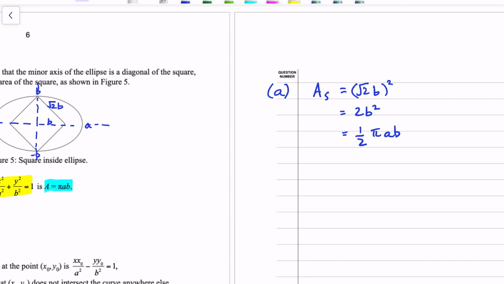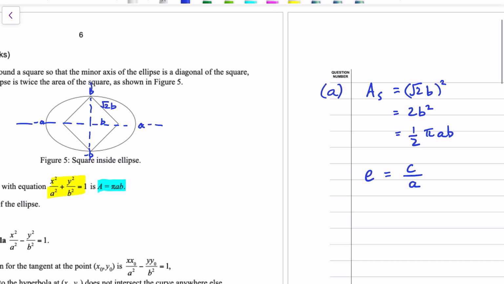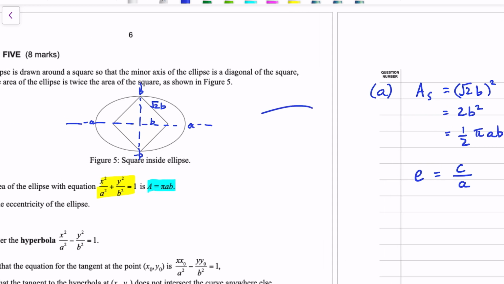Finding the eccentricity of the ellipse. Eccentricity is a formula which is the ratio of C over A. If you didn't know, if we have an ellipse, it's a terrible one, but C is where the foci are and A is the vertex. Eccentricity is a measure of how curvy the ellipse is, or how curvy a conic section is.